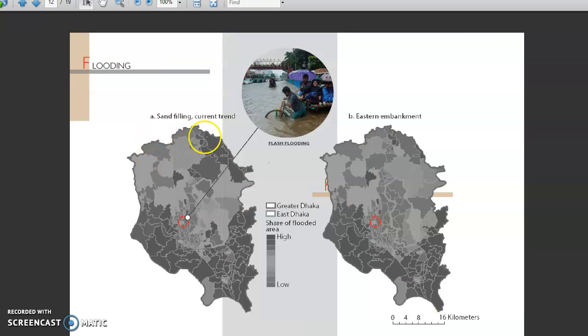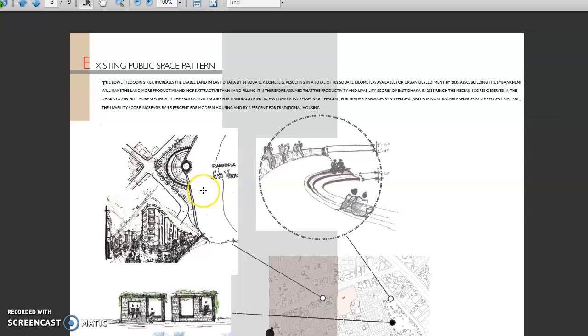And flooding issues: on heavy rain, the major roads of the city just fill with rainwater. It's very terrible. Sometimes we see it like that. Here are some existing public space patterns. I just tried to do some sketches of that.